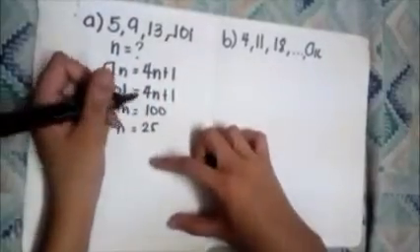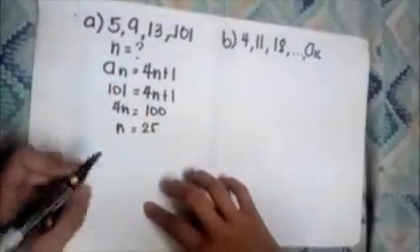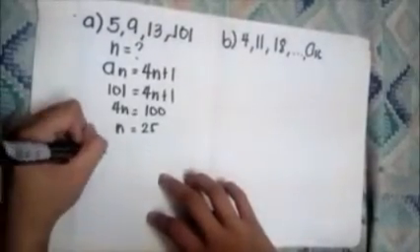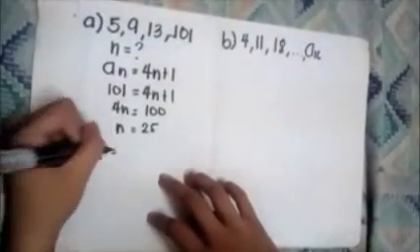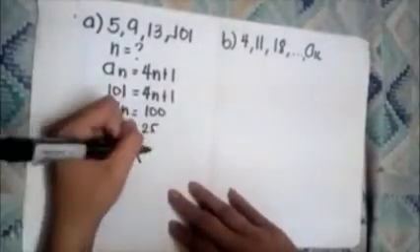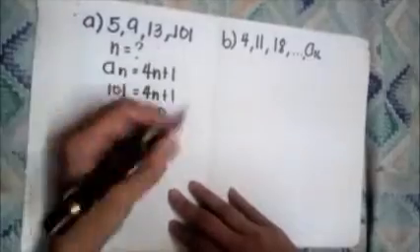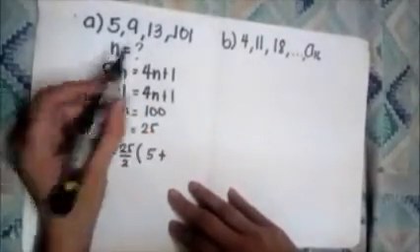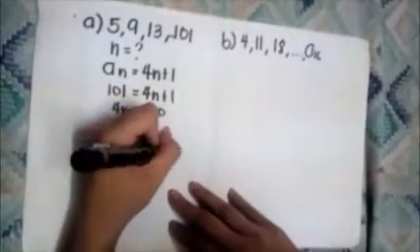We can now solve for the sum of this arithmetic sequence. Summation 25, S sub 25 is equal to 25 over 2 times (a sub 1, which is 5, plus a sub 25, which is 101).